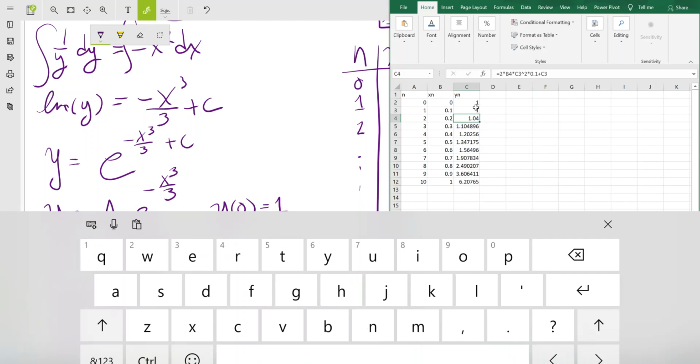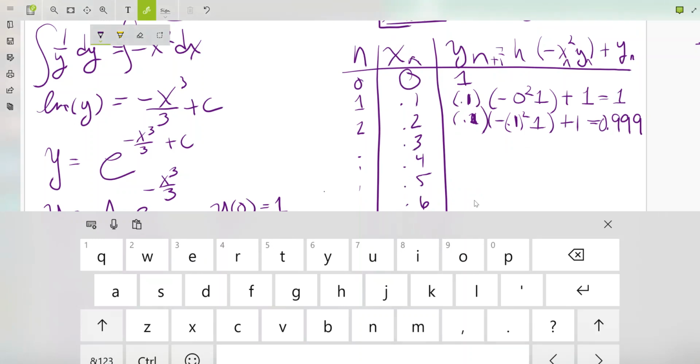Looking good. Let's drag this down. Ooh, okay. 1.3000 and then 16. Is that close? It's not close.